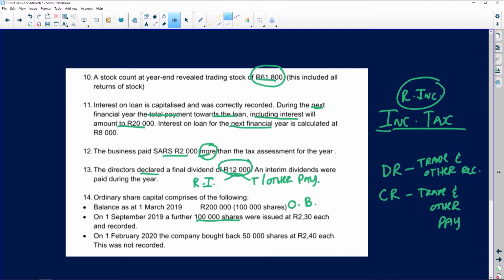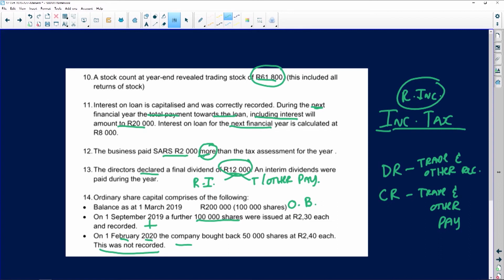So clearly this is an issue of shares and my share capital is going to increase. And then finally on the 1st of February 2020, the company bought back 50,000 shares at R2.40 each. This was not recorded. So I've got a buyback, and clearly a buyback decreases my ordinary share capital.